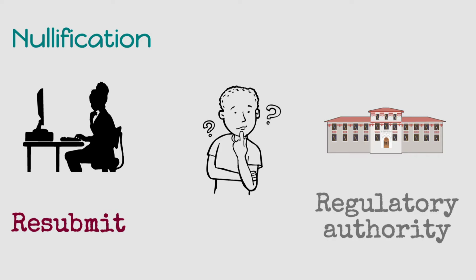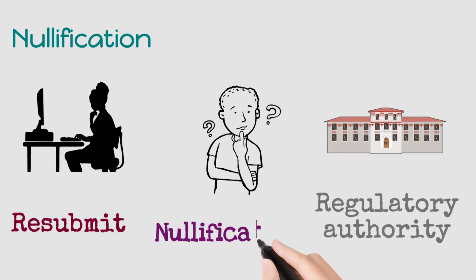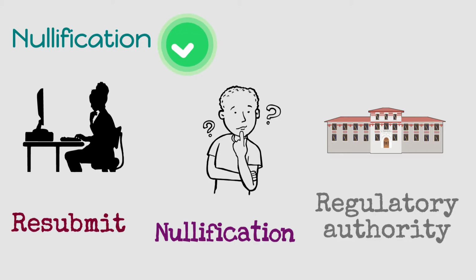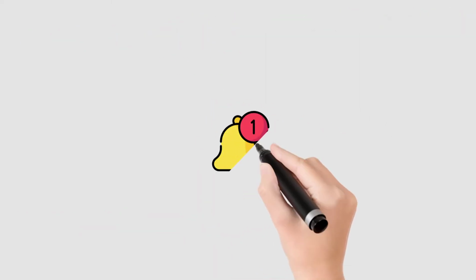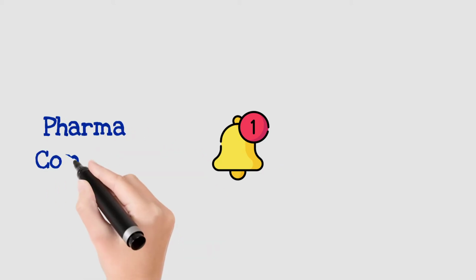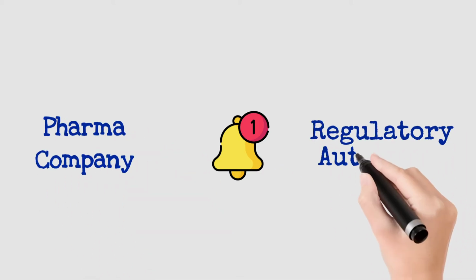This process is called nullification of the case. So after resubmission with proper reasoning, that case is now treated by the regulatory authority as a nullified case. And such cases can only be used for scientific evaluation thereafter. In simple language, nullification of an ICSR case is nothing but a notification from the pharma company to the regulatory authority.